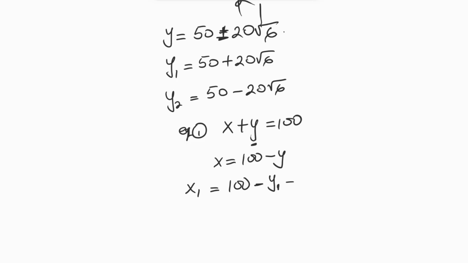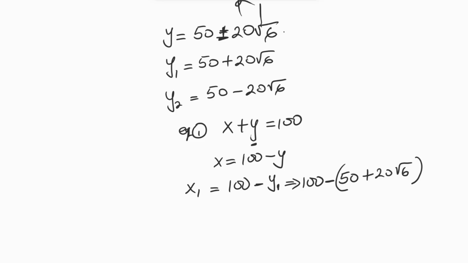which is now equal to 100 minus, what's our y1? 50 plus 20 root 6. It has to be in bracket form because y1 is 50 plus 20 root 6.